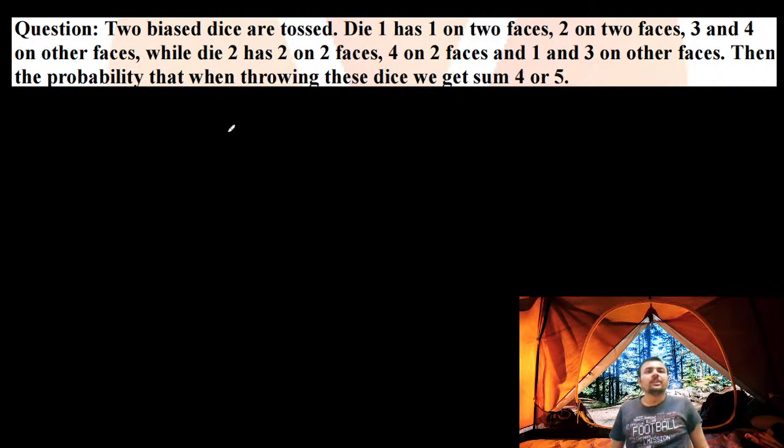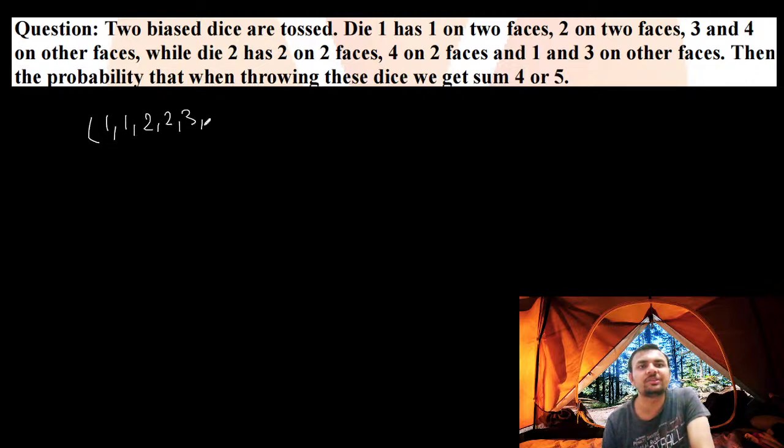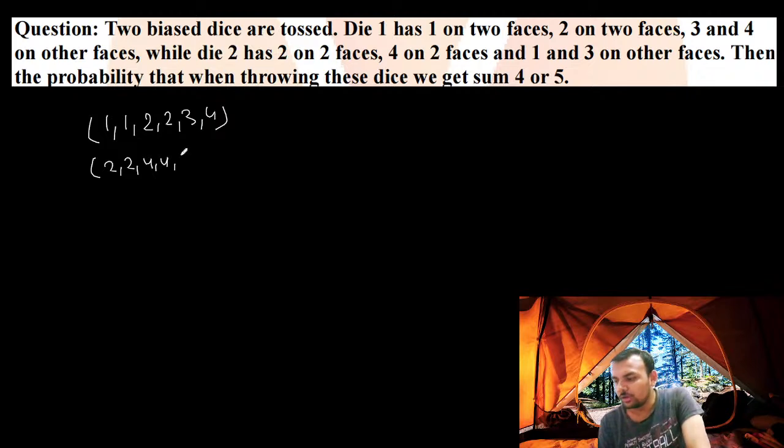Two biased dice are tossed. Die one has 1 on two faces, 2 on two faces, and 3 and 4 on the other faces. Die 2 has 2 on two faces, 4 on two faces, and 1 and 3 on the other faces.